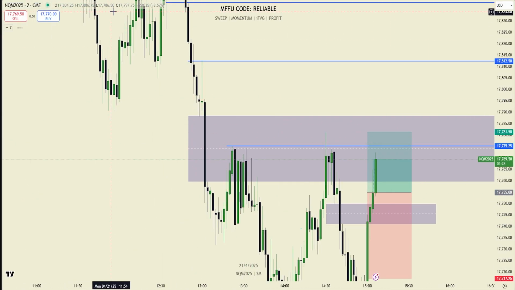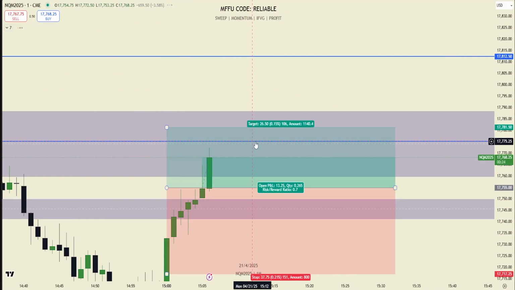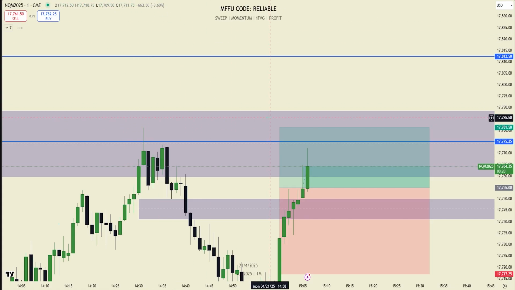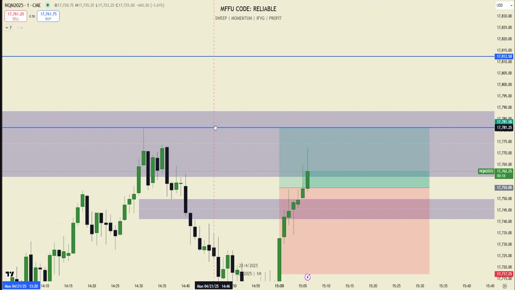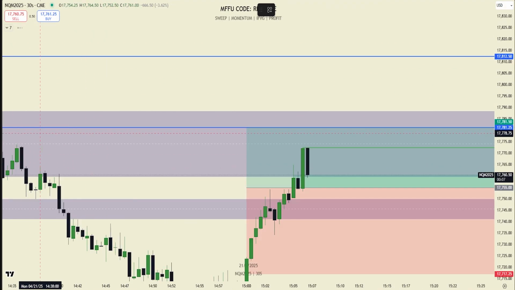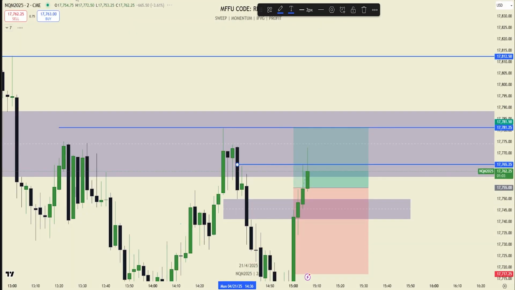And there really shouldn't be any expectations as far as longs beyond this go, because we could take out the hourly high and then reverse. By the way, I would definitely go break even probably at that high inside of the 30-second there. So if you're in from the 2, I'd probably be break even already.